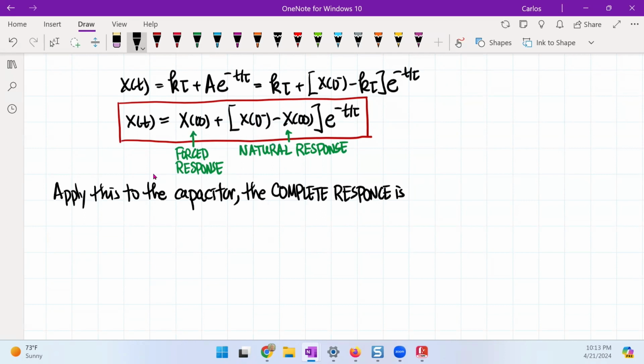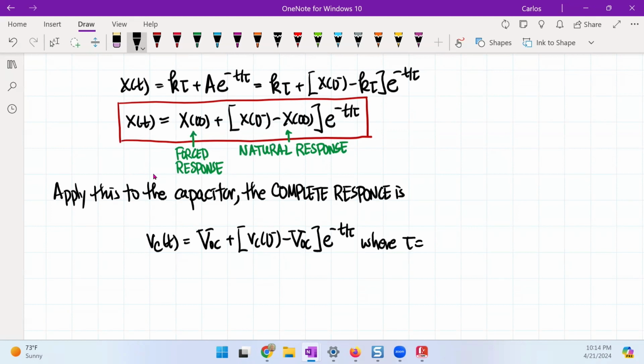VC of t is then going to be VOC plus the bracket VC of 0 minus VOC times e to the minus t over tau, where tau is equal to RTH times C.